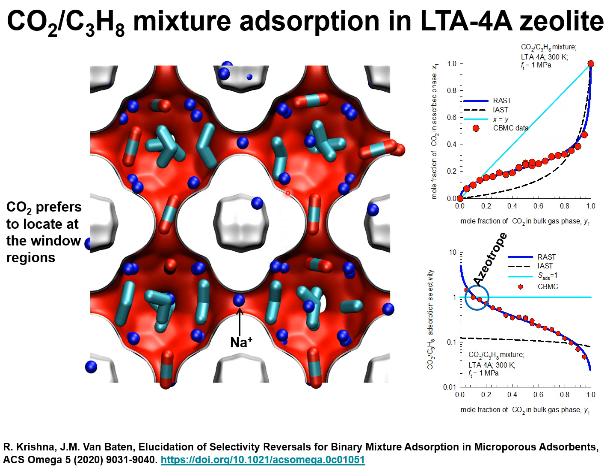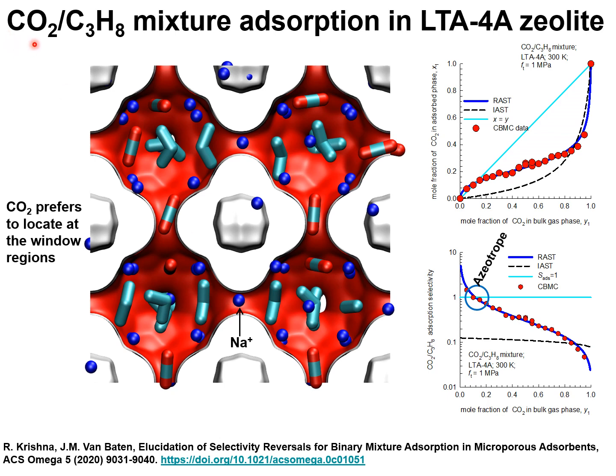This contains extra framework sodium cations indicated in blue that are located as shown here. Many of these cations hinder the intercage hopping of gas molecules by occasionally hovering around the window regions.